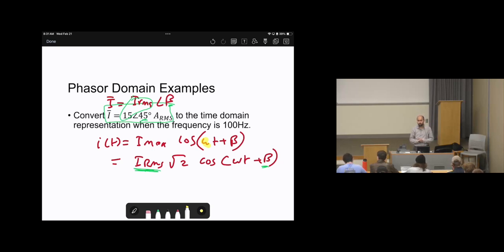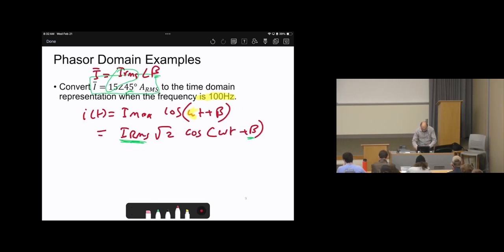So what should I choose for the frequency? You can read the question. Here it says the frequency is 100 hertz, which is given. How about if the frequency is not given? Read the question carefully. It might be given in some indirect way. If there is no information about the frequency, assume the frequency is our standard frequency, 60 hertz.